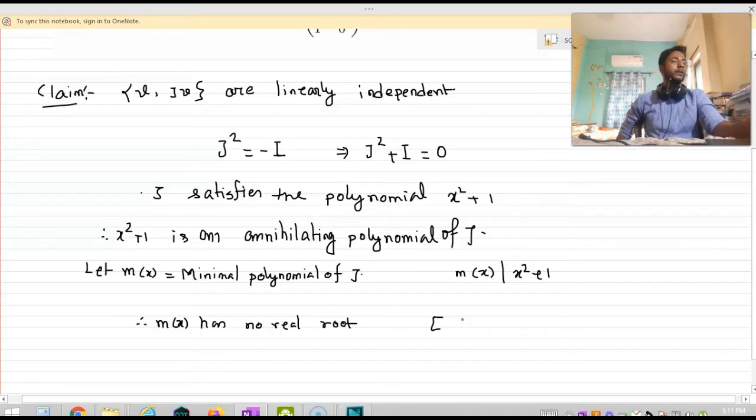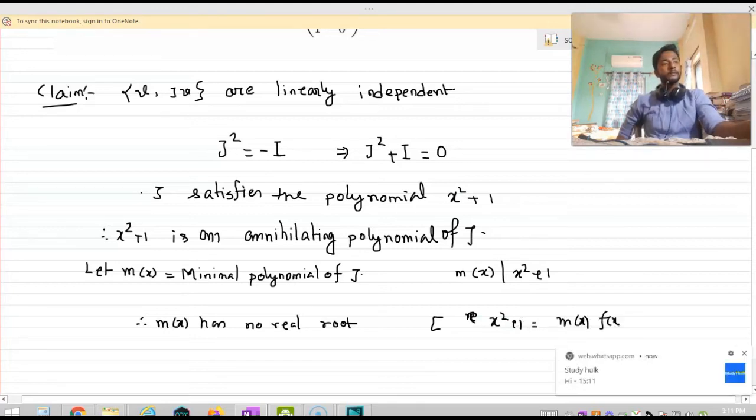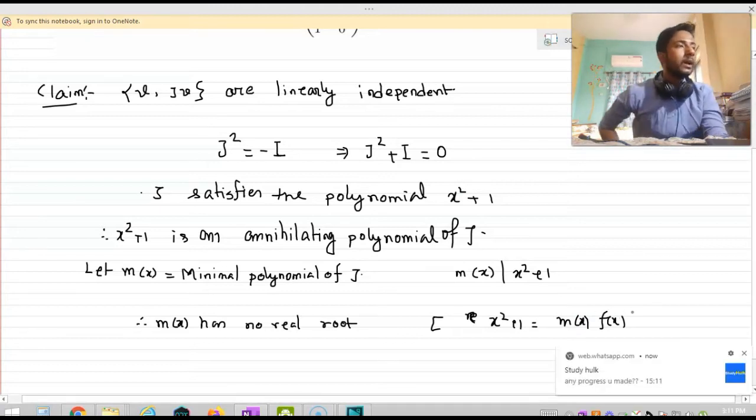Just suppose x square plus 1 is equal to m(x) into some f(x).